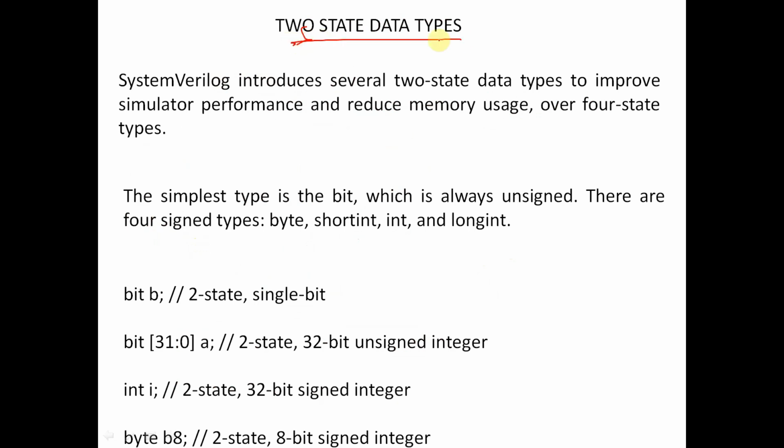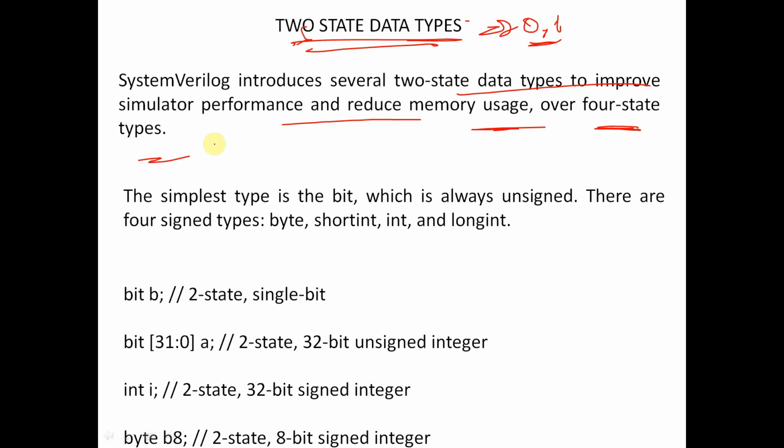Now, next coming to two-state data types. As already discussed, two-state data types can only take two states, that is 0 and 1. SystemVerilog introduced several two-state data types to improve simulator performance and reduce memory usage over four-state data types.